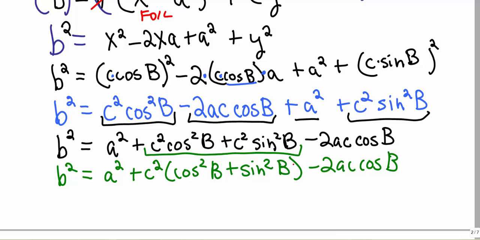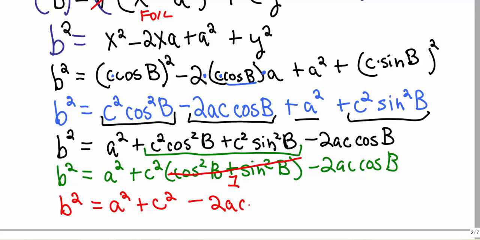Cosine squared plus sine squared, the sum of those two values gives us 1. And 1 times c squared would be c squared. So here we get b squared is equal to a squared plus c squared minus 2ac cosine of angle b.